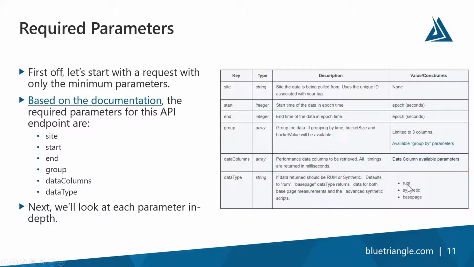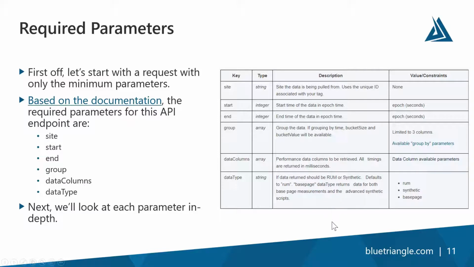You're going to need to specify whether you want RUM, synthetic, or base page data. And base page data, by the way, is just a specific form of the synthetic data. It is for the base page and SSL synthetic monitors, and also for the API, the multi-step API synthetic monitor.